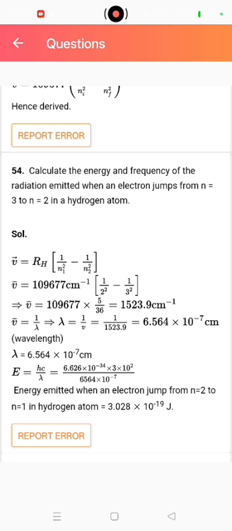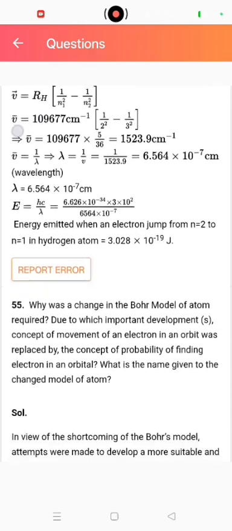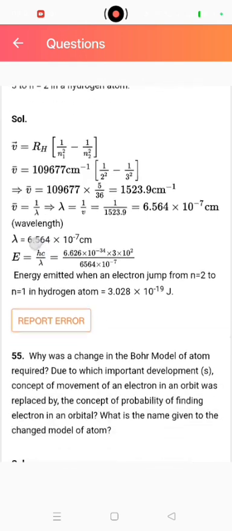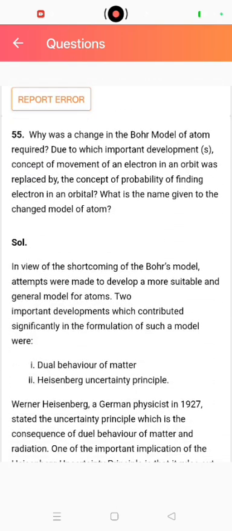Okay, 3 into 10 raised to 8 is needed. And finally we will get the hydrogen atom energy, 3.028 into 10 raised to minus 90 joule.